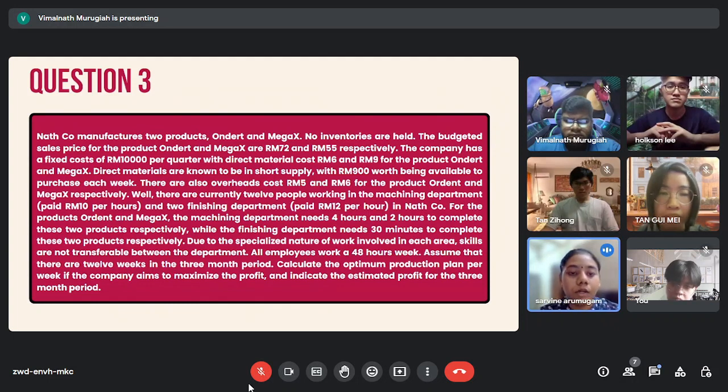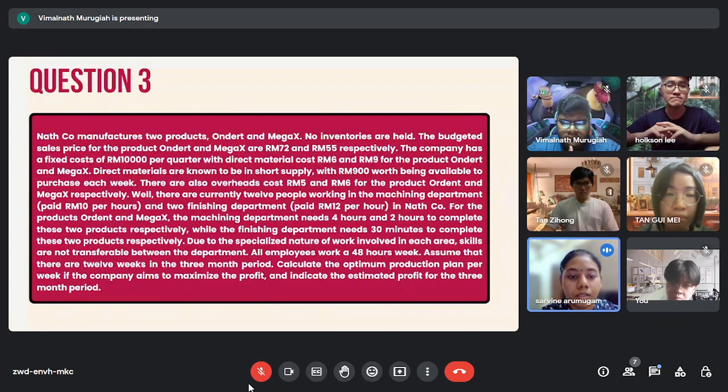There are currently 12 people working in the machining department, paid RM10 per hour, and 2 in the finishing department, paid RM12 per hour. For Ondit and Mega X, the machining department needs 4 hours and 2 hours respectively, while the finishing department needs 30 minutes for each product.